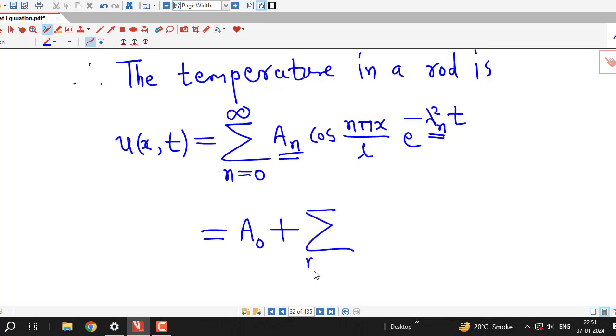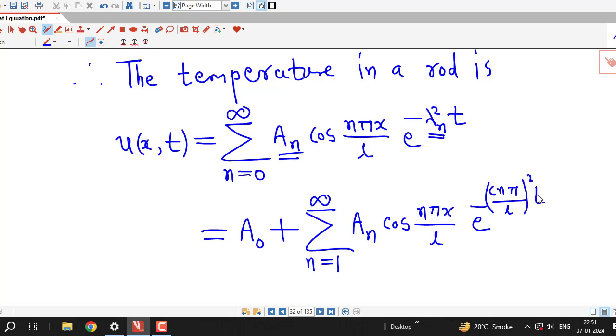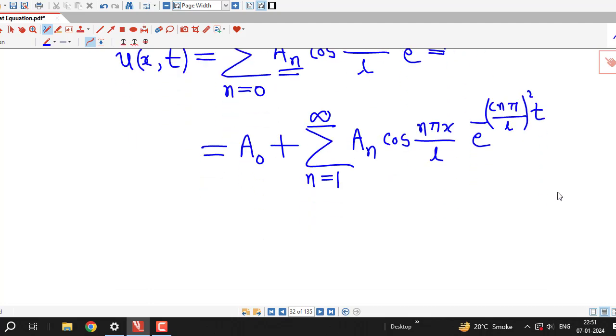And plus sigma n equal to 1 to infinity an cosine of n pi x by L e raised to minus, now lambda n we have obtained, it is c n pi divided by L. So we will take the square of it into t.